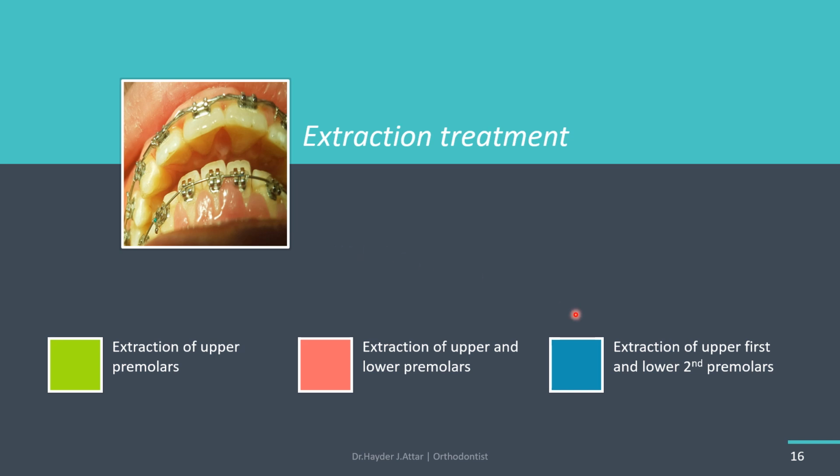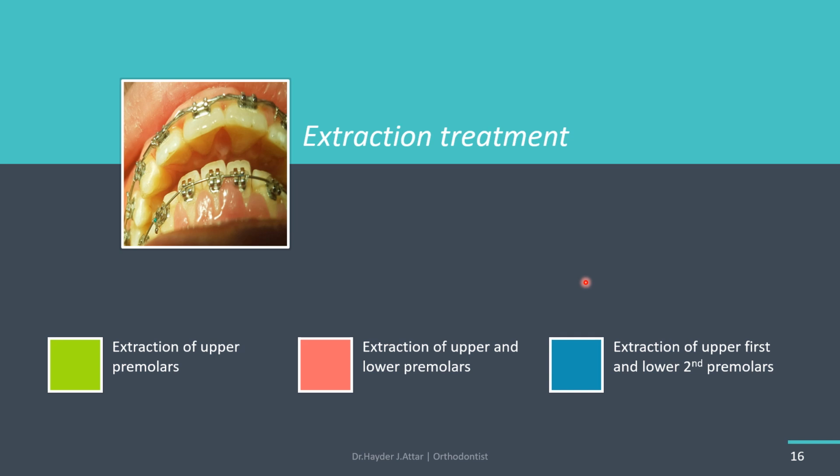In cases of extraction of the upper first molar and lower second premolar, the extraction of the upper first molar is to correct the overjet by retraction of the maxillary anterior teeth, and the extraction of the mandibular second premolar is for correction of the molar relationship from class 2 to class 1.